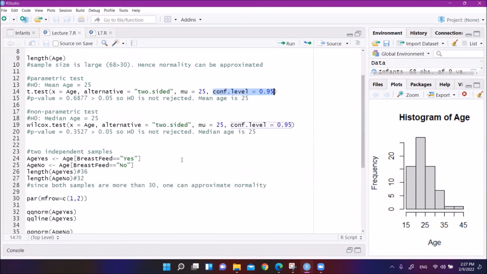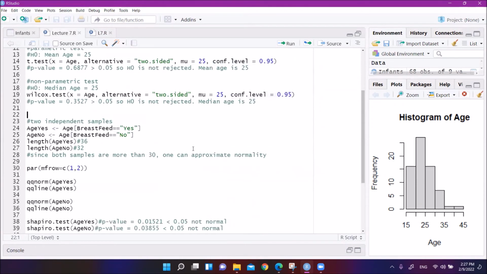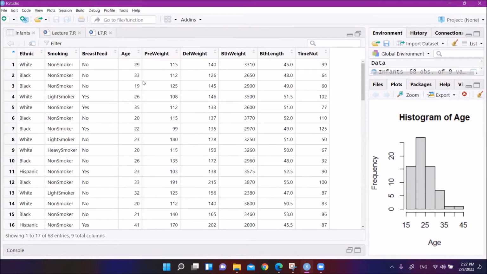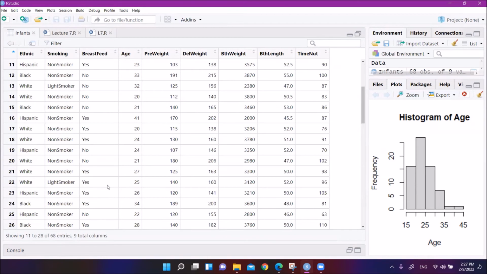So basically, we have to design our 2 independent samples. So I'll go with this code. How am I going to split the data? Let's say I'm again comparing ages. When we take this particular variable, we have the infants who were breastfed and who were not breastfed, right?